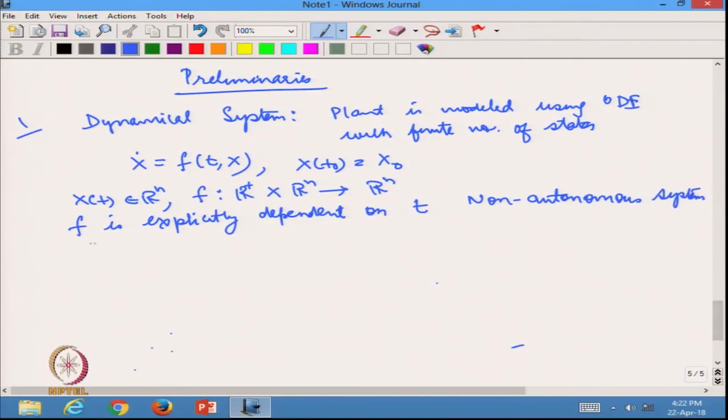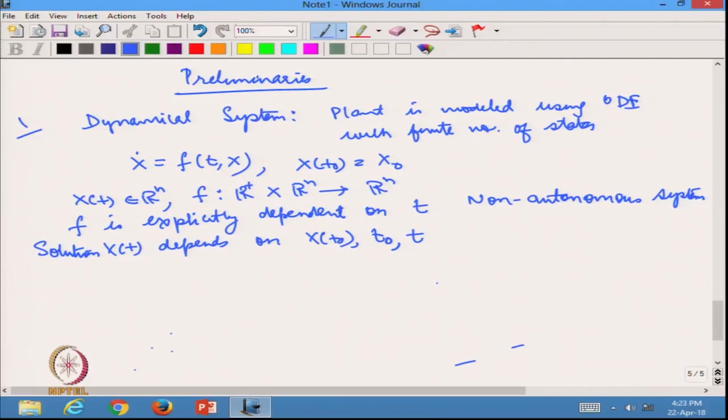If you solve this equation, you will find that x of t, which is the solution of this differential equation, will depend on the initial state x of t naught, the initial time t naught, and the current time t.